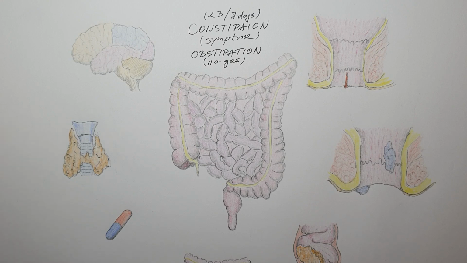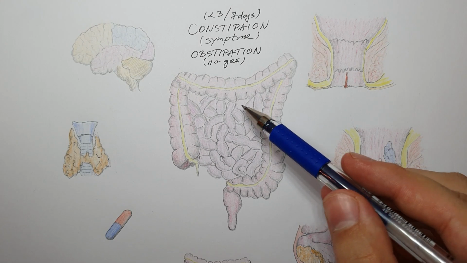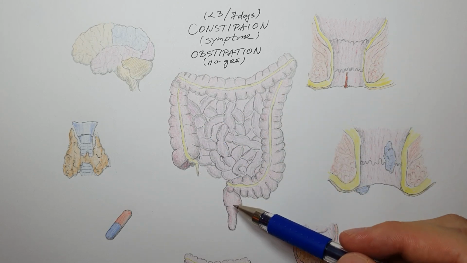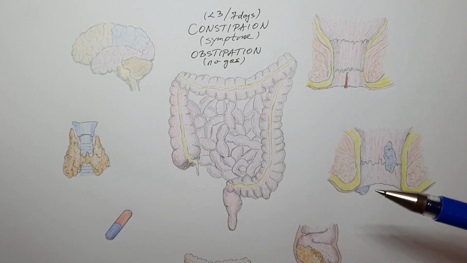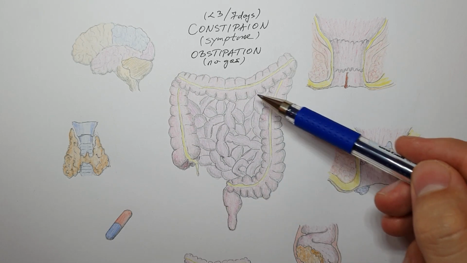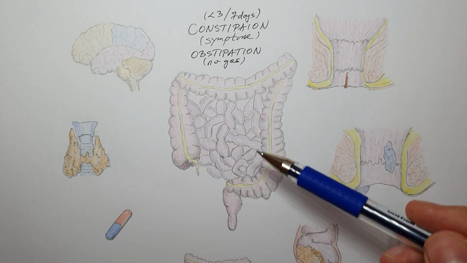So how are we going to tackle this problem? First, constipation can be divided into primary. In this case, this is our gut, the small and the large intestine, the rectum, and the anus. So this is a normal gut, anatomically and physiologically.